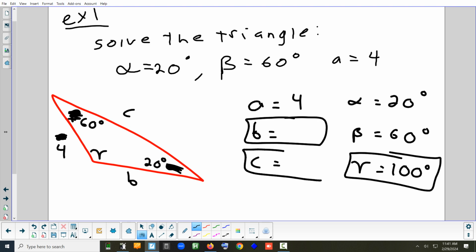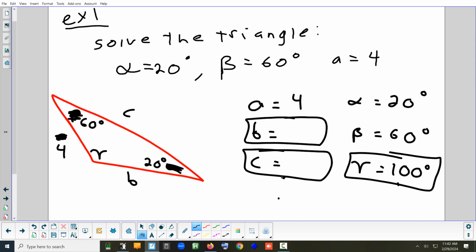Now, when we did this before, I told you don't use something that you found to find something else, because if you got it wrong, you're going to get something else wrong. That doesn't work in this section. You're going to have to use this 100 degrees to figure out C. There's no way around it. So if you got the 100 degrees wrong, C is going to be wrong as well.